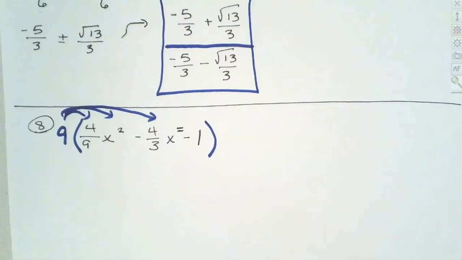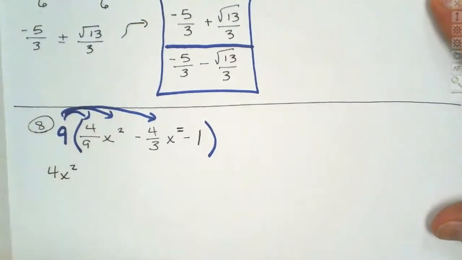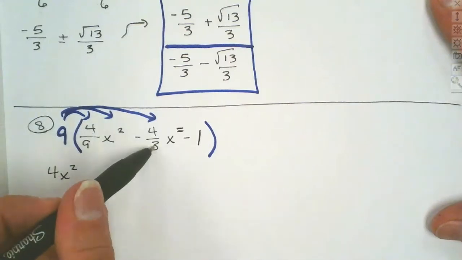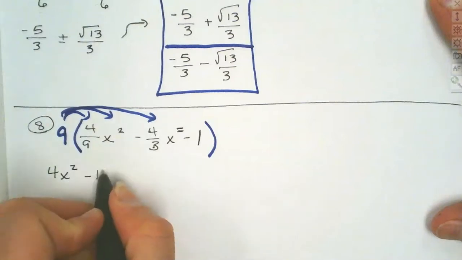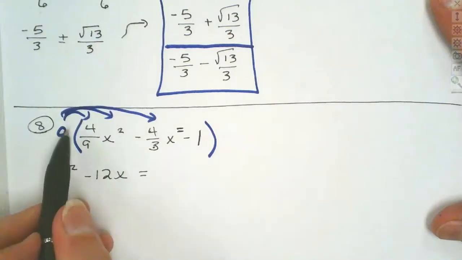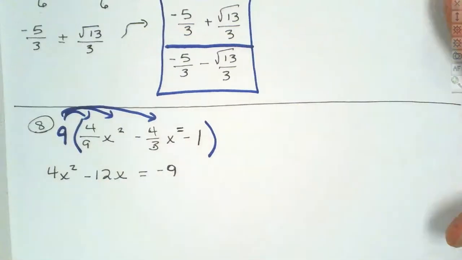So now we're going to go ahead and clear our fractions. The 9's cancel, and that leaves you with a 4x squared. 9 divided by 3 is a 3. 3 times a negative 4 makes it a negative 12x. And we've got our equal sign. 9 times negative 1 is a negative 9.